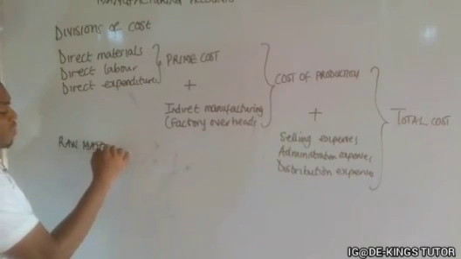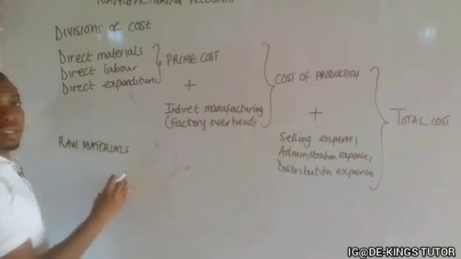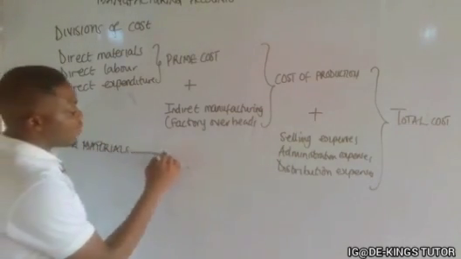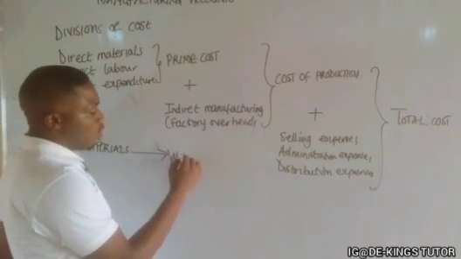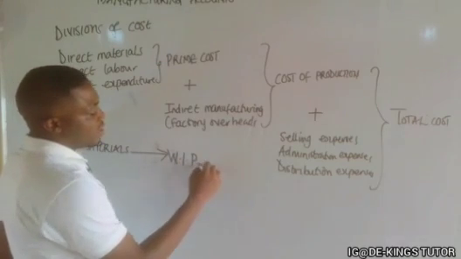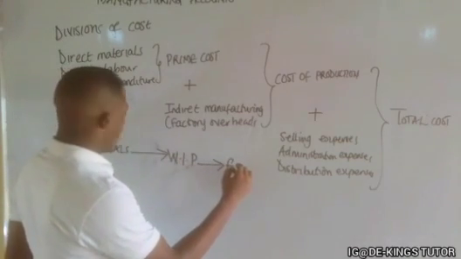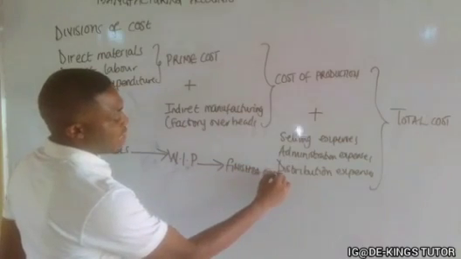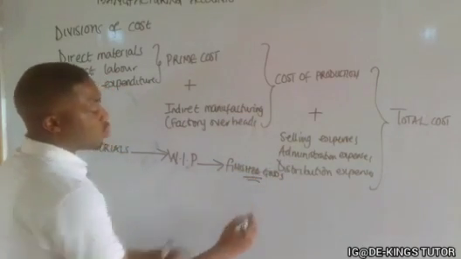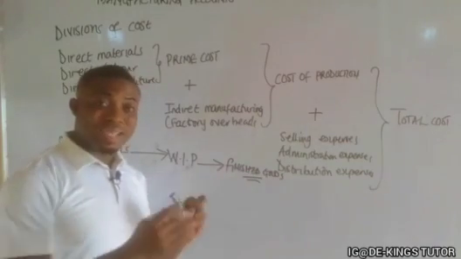Okay? Now, they will process it from the raw materials down, there's what we call work in progress, down to what we call the finished goods. Now, the aim of every firm is to get to the finished goods. That's the aim of every firm.